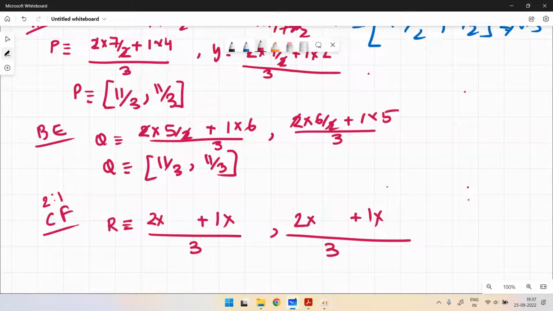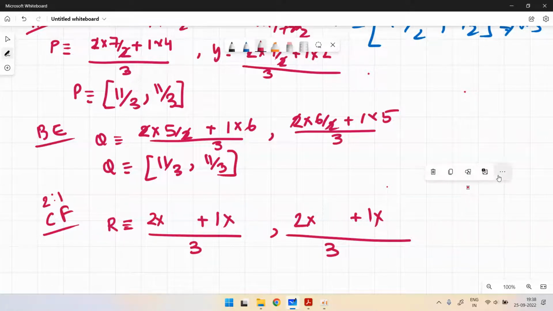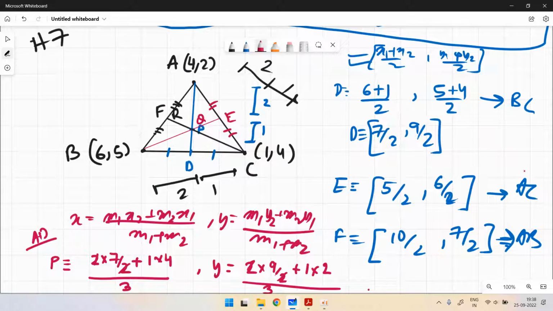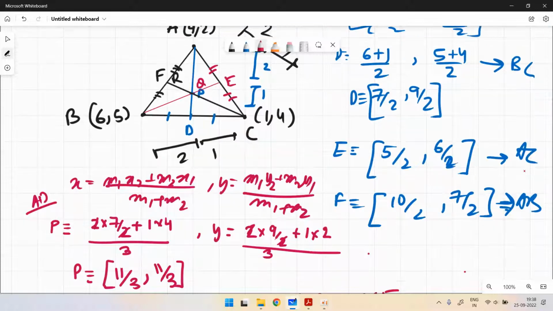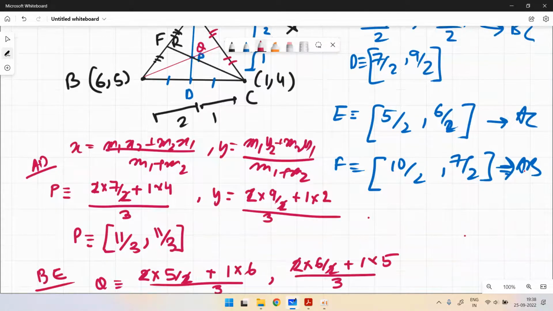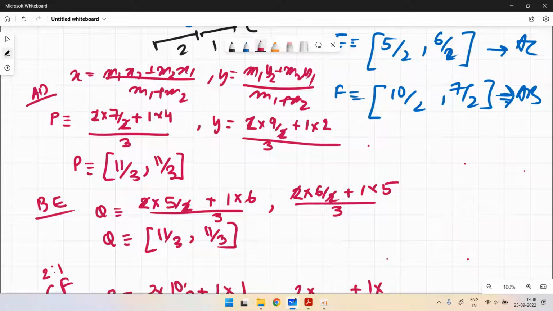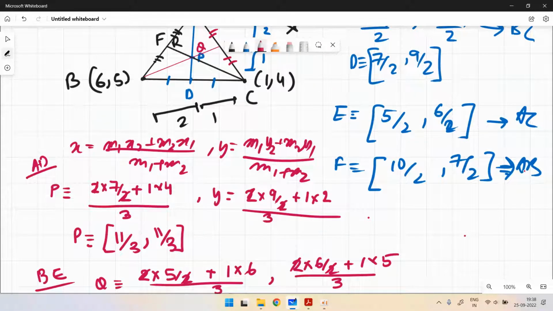So there will be m1 x2 and x1. x2 is F, so x2 is 10 by 2 and x1 is 1, and similarly y2 is 7 by 2 and this is 4.